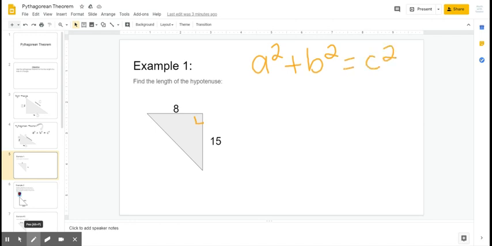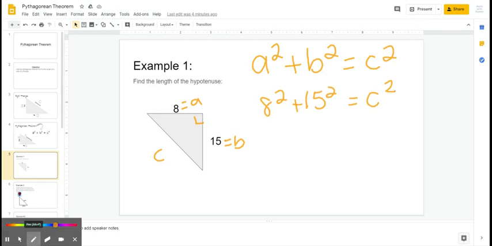I'm going to call 8 a, I'm going to call 15 b, because they make up the legs of this right triangle, and the slant, or the diagonal, is c. Now I'm going to input my numbers into the theorem and then solve. If 8 is a, 8 squared, b is 15, so plus 15 squared, and that is going to equal c squared.